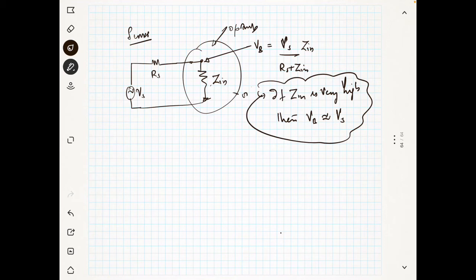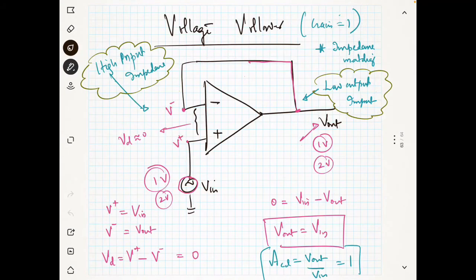So if we want to transfer the maximum voltage and make it available at the input side, we have to use this kind of voltage follower. So this is used for the voltage follower.